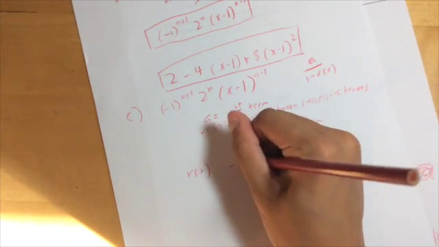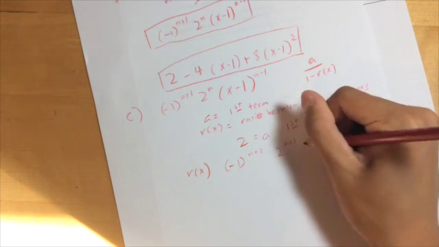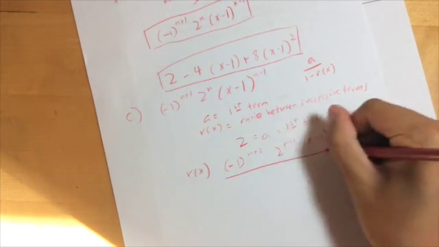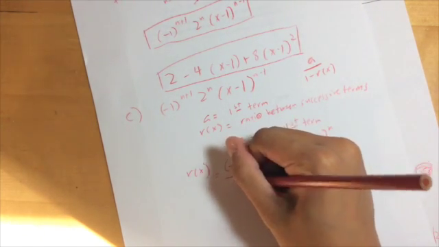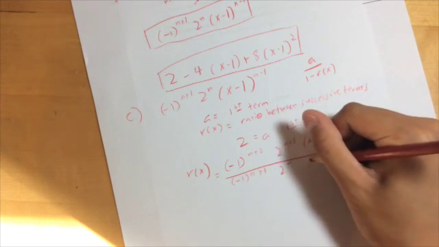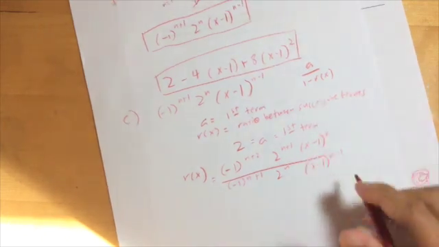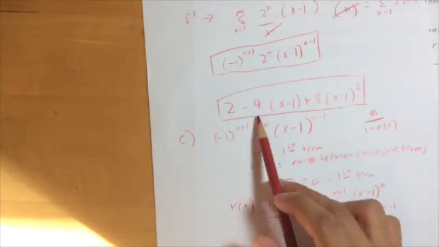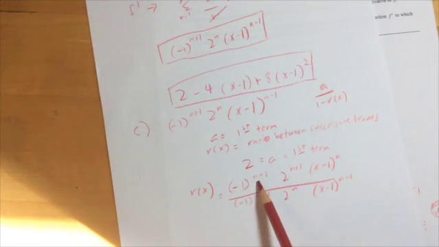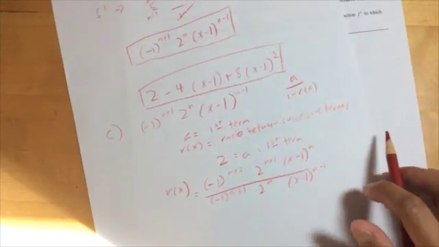So negative 1 to the n plus 2 times 2 to the n plus 1 times x minus 1 to the n over negative 1 to the n plus 1 times 2 to the n times x minus 1 to the n minus 1. So essentially, you're taking this and you're adding 1 to each of the n's and putting it over the original. So this is what your ratio would be.